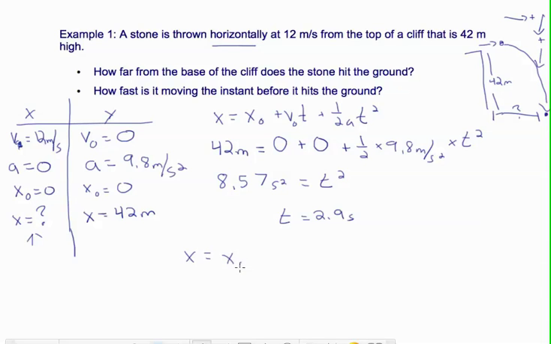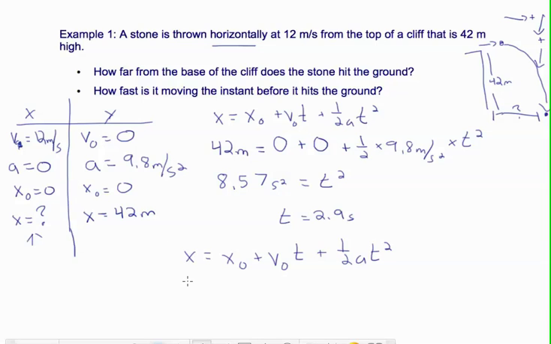But now we're going to use information in the x direction. You have to make sure you don't switch stuff around. You have to make this list like this, x and y, and then not swap things back and forth. The only thing that can go in both types of equations is time. So you have to be very, very careful about that. That's why we made that list first.